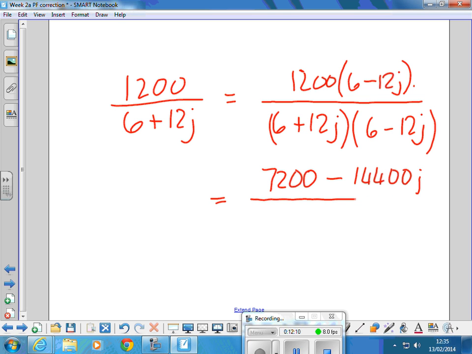On the bottom, you have to do 6 6s are 36.